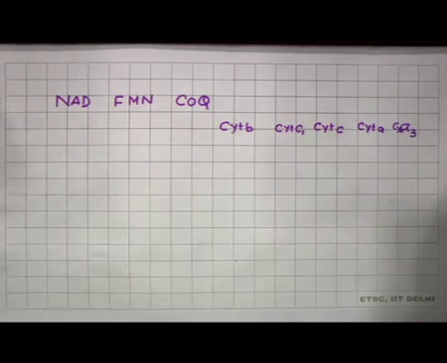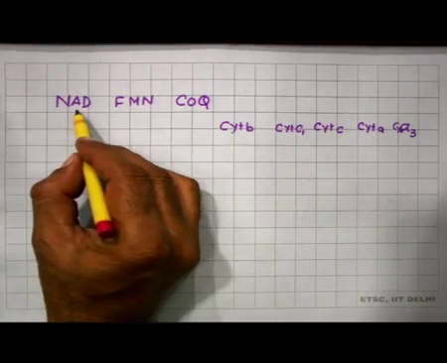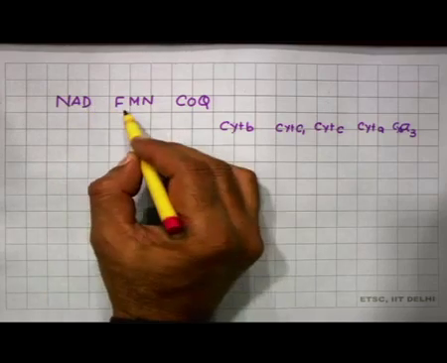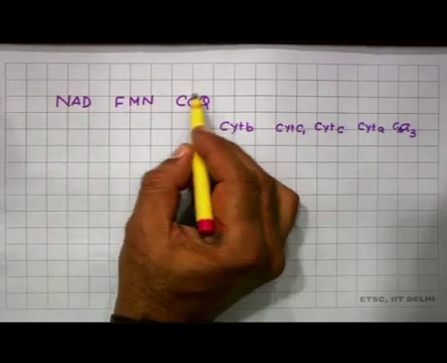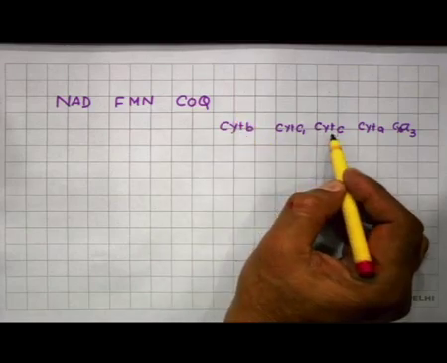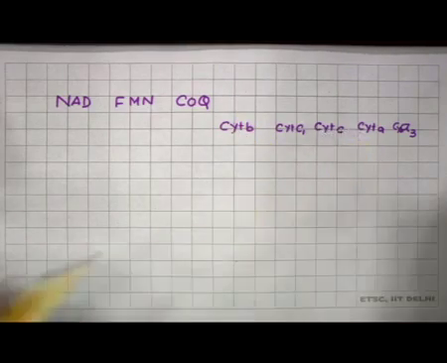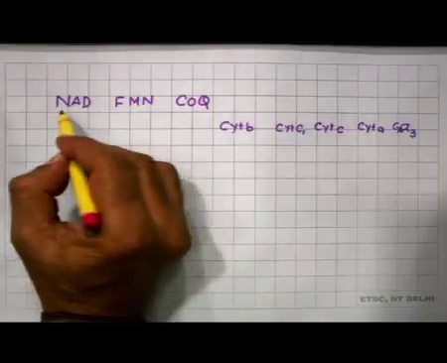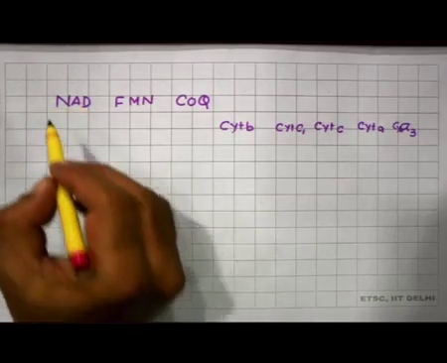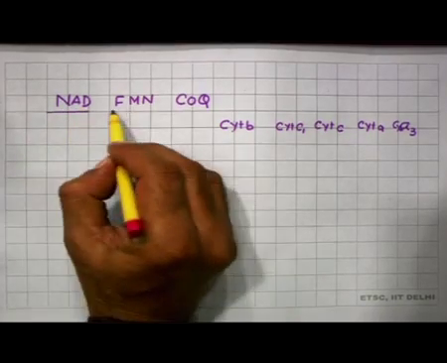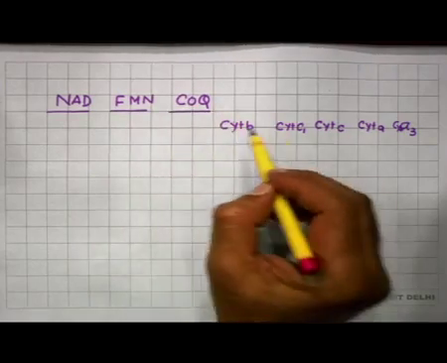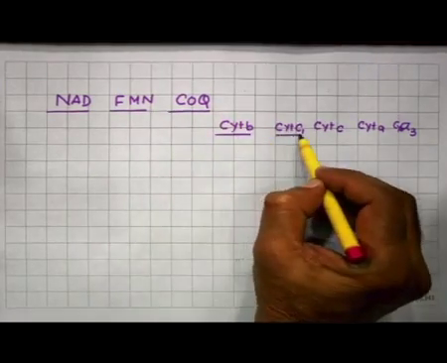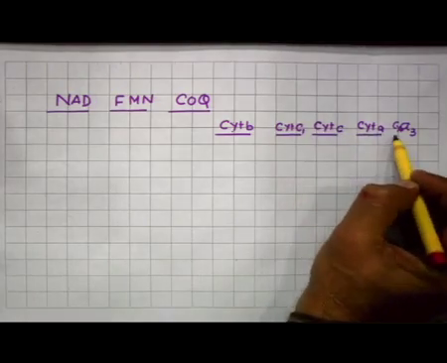These are the coenzymes, nicotinamide adenine dinucleotide and flavin mononucleotide, and these are the cytochromes. So, the electron transport chain, as we have already discussed, is a grouping of coenzymes and different types of cytochromes. These we can easily remember: NAD, FMN, CoQ, cytochrome B, cytochrome C1, C, A and A3.